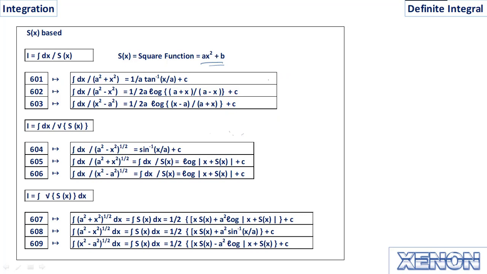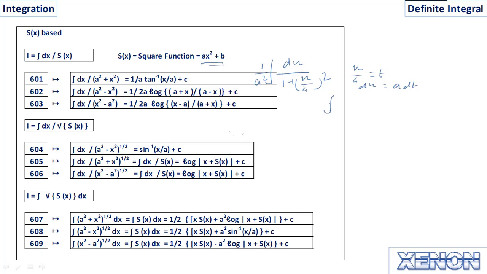So actually, we will take out a square from this expression, and we will be getting integration of dx upon 1 plus (x upon a) whole square, into 1 upon a square, right? So when we put x upon a equals t, then we will be getting dx equals a dt.